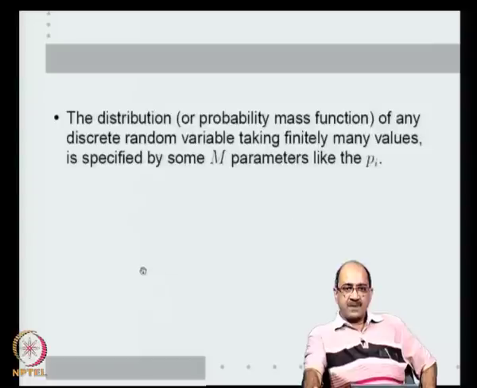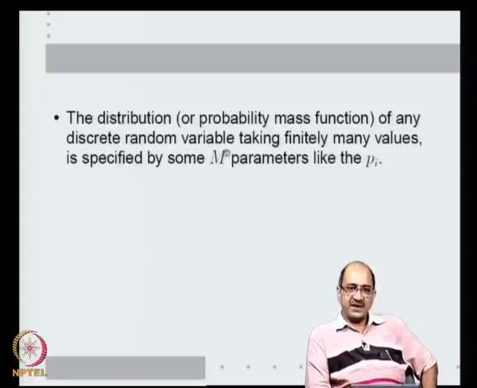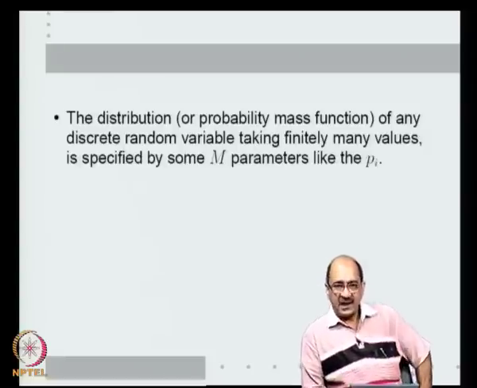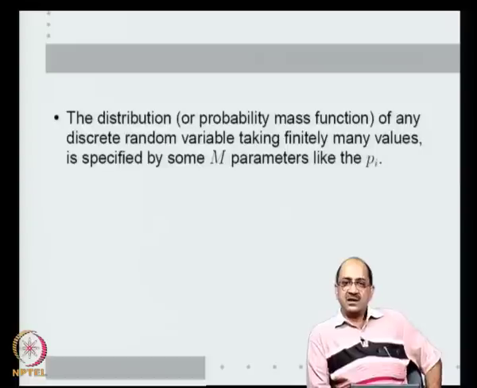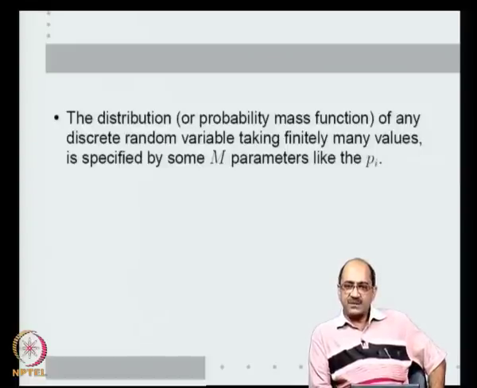Okay. So, let us sum up this example. This example is not just an example, it is actually much more than a simple example, because the distribution, that is the probability mass function, of any discrete random variable that takes finitely many values is simply specified by some m numbers p_i, right. The numbers have to satisfy p_i greater than or equal to 0 and summation p_i equal to 1. Except for that, every discrete random variable's mass function is simply specified by these parameters p_i.